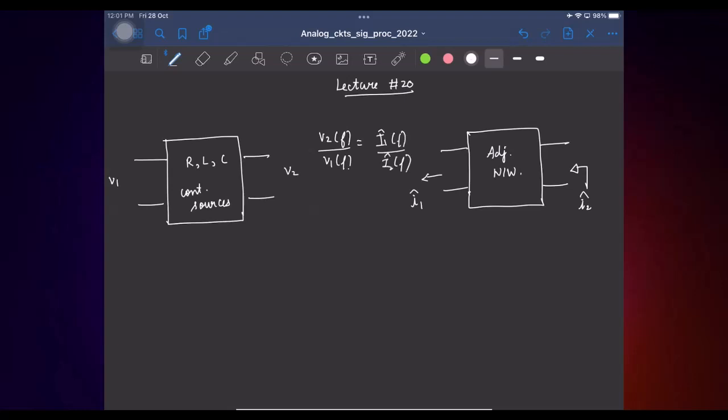This just means that the transfer function from the input to the output here is equal to the transfer function in this adjoint network. This is what we got. And of course in the time domain, even the impulse response was equal, and we derived this result using Tellegen's theorem.